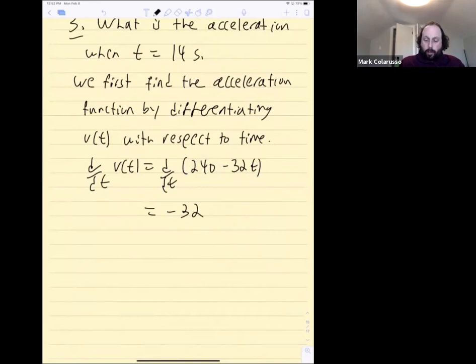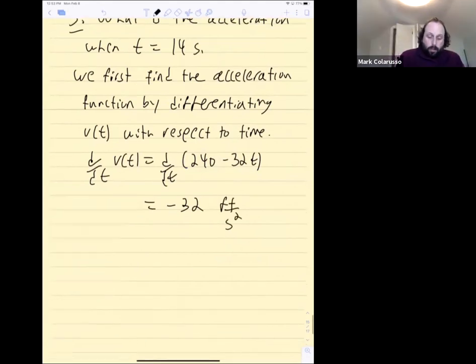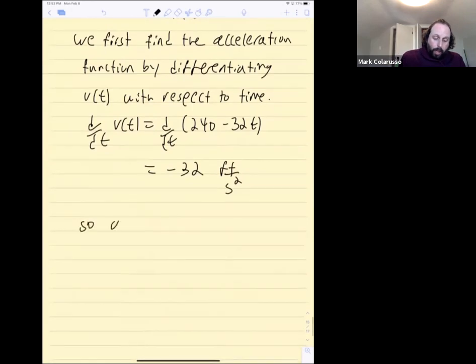So you just get minus 32 feet per second squared. So actually, you see, again, we have constant acceleration. So a of t is v prime of t, a constant function, minus 32 feet per second squared. So we don't have to plug in 14 because it's always minus 32. There's nothing to plug in to a constant function. The value is always minus 32.